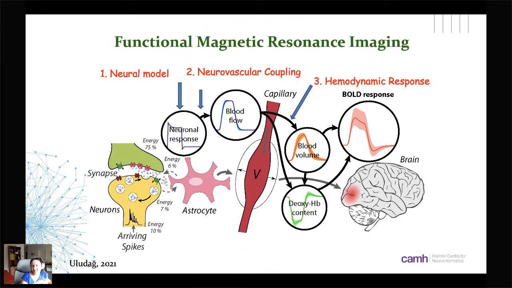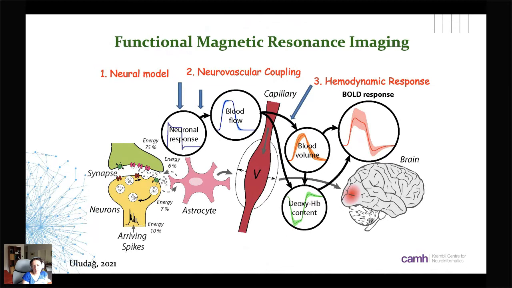Of course, not as great of a resolution as EEG, but there's been a lot of advances in the field of fMRI as well. However, fMRI signal reflects neuronal activity only indirectly.